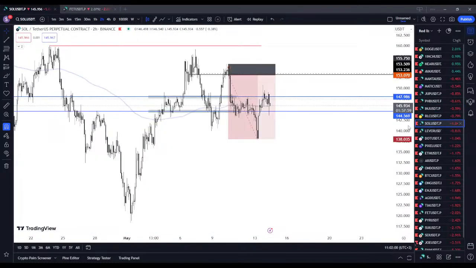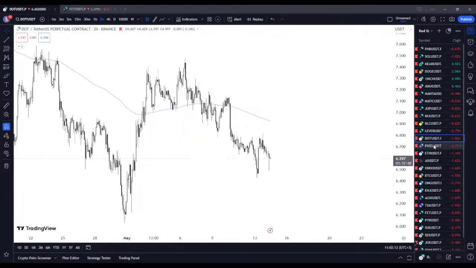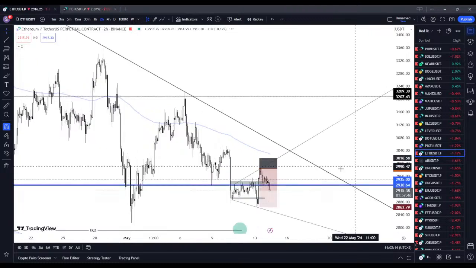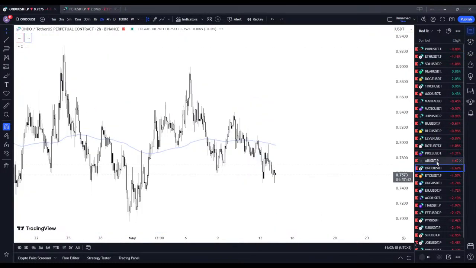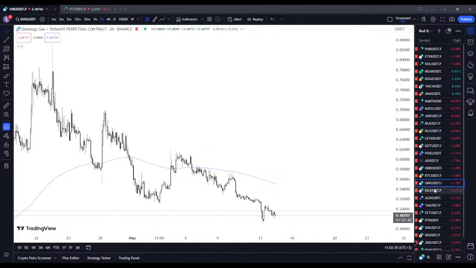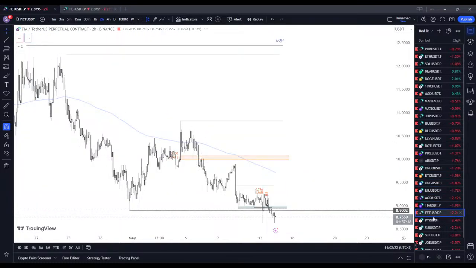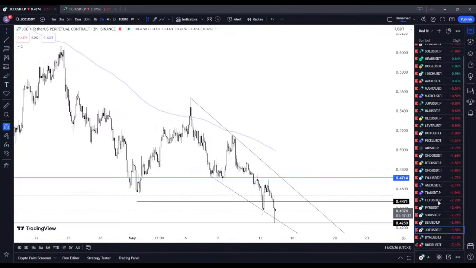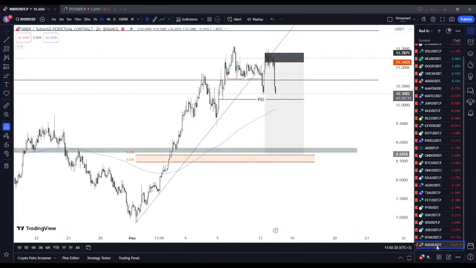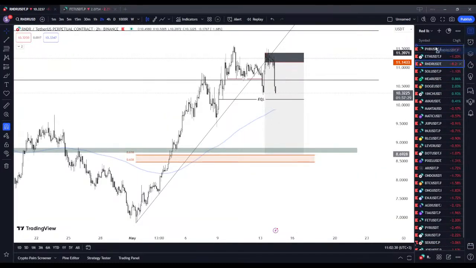If the market is dumping, I have Solana, PHB, NEAR, Ethereum. And Render is dumping like crazy.